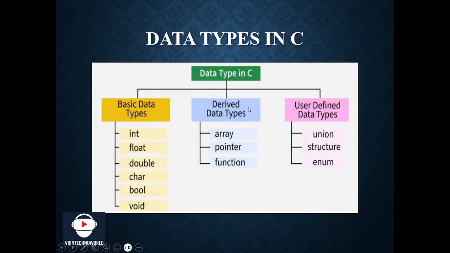After that, how many different data types do we have in C programming? The first one is basic data types, in which we have int, float, double, char, bool, and void. These are actually keywords as well. If you need to define an integer kind of variable, you need to write int, not the complete full name integer.